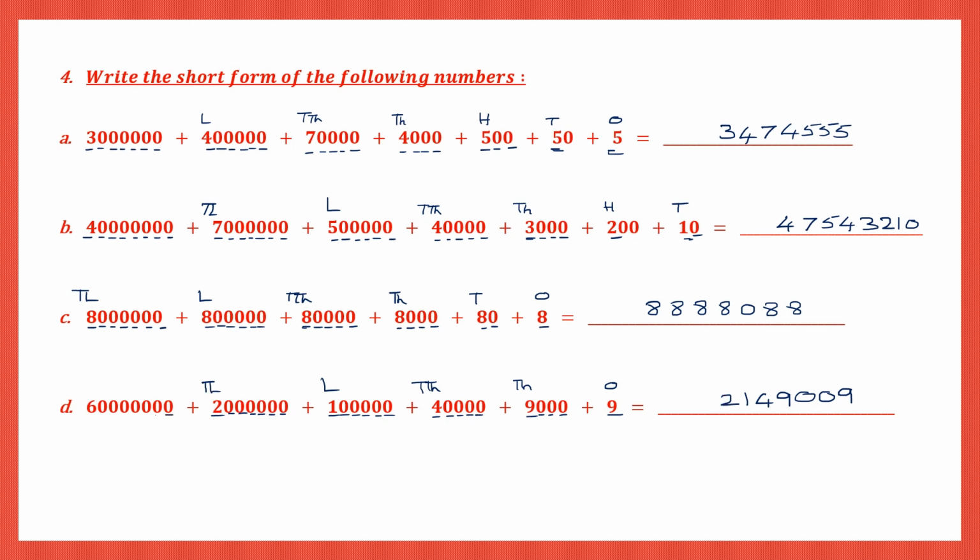Then ones, tens, hundreds, thousands, 10,000s, lakh, 10 lakh, crore. So in the crores place we have 6. So now we have a number 6 crore 21 lakh 49,009. Don't forget to put the zeros where there are digits missing.